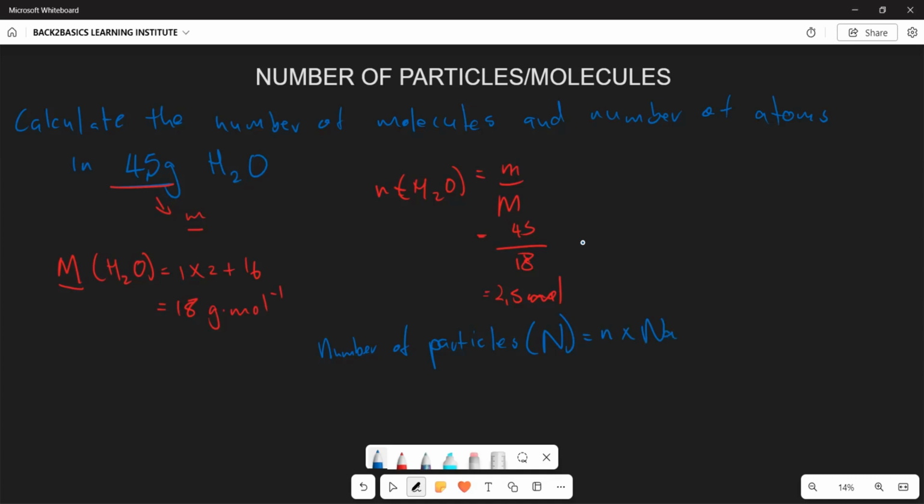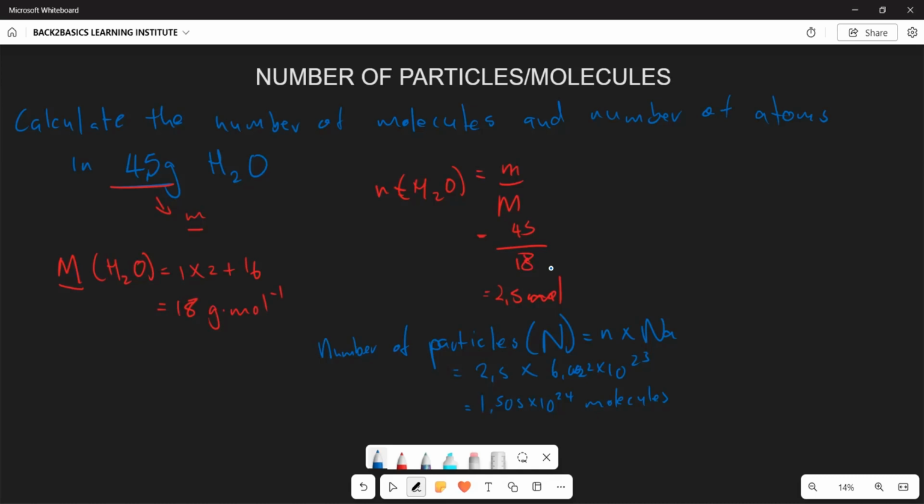So when we calculate, this is going to be 2.5 multiplied by 6.022 multiplied by 10 to the power of 23. And the number of particles that are going to be found in there is 1.505 multiplied by 10 to the power of 24 molecules.